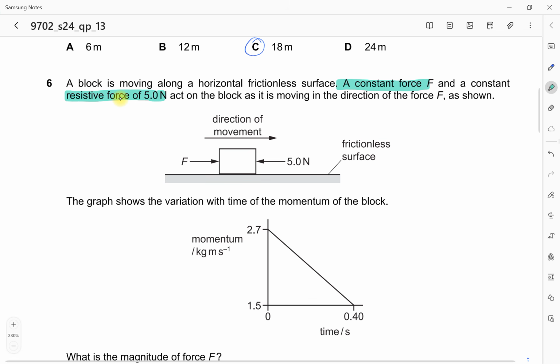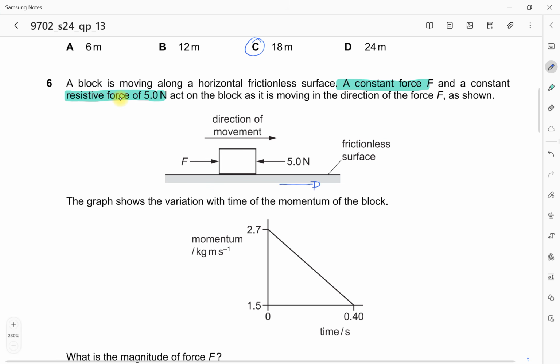So the direction of motion is in that direction. If there's a resultant force in the direction of the motion, then the body must be moving in the same direction as the resultant force.